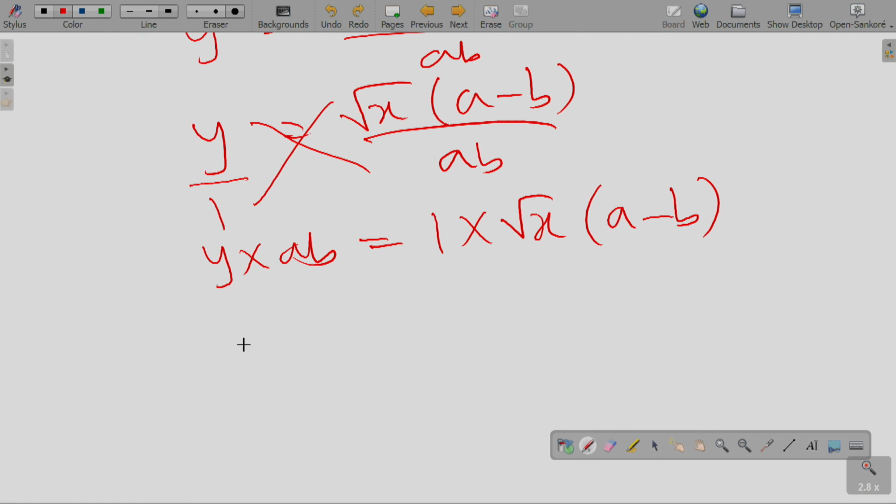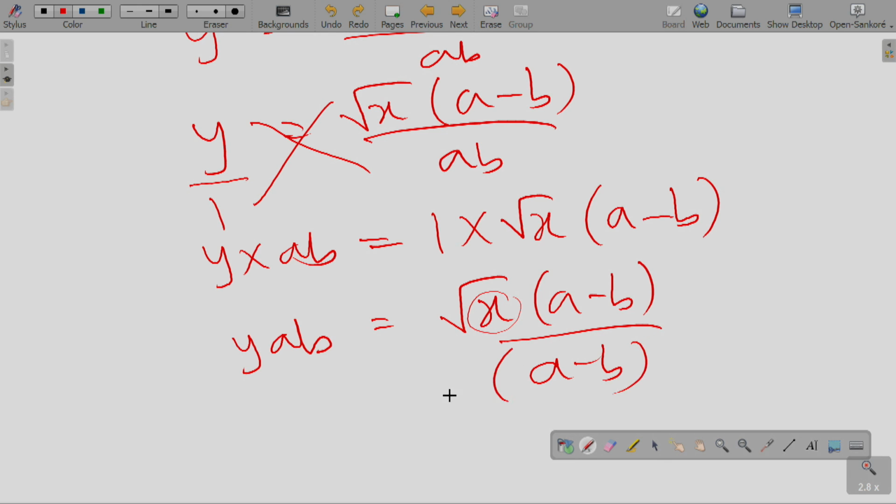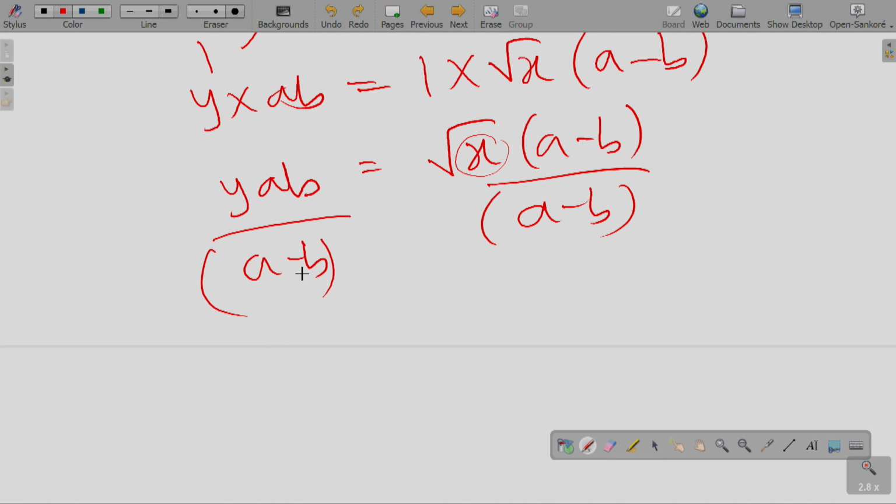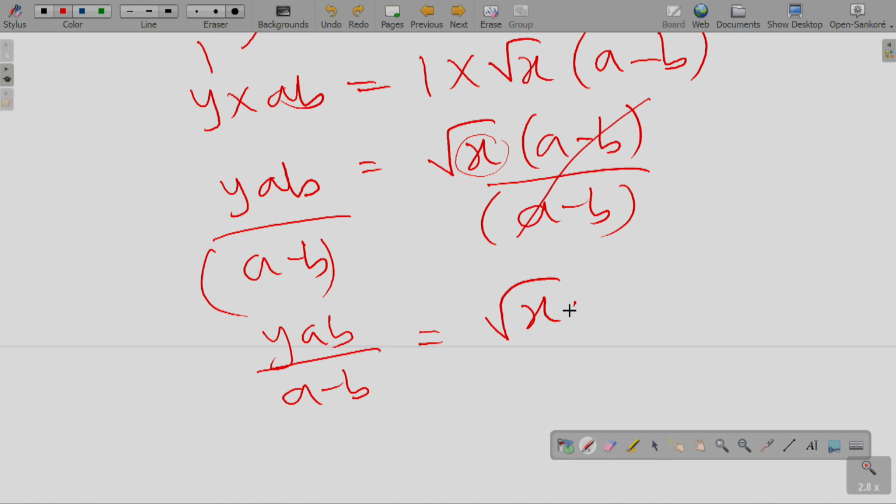So here I get yab is equal to square root of x times a minus b. So I want x, so let's divide by a minus b both sides. And here I get yab over a minus b is equal to square root of x.